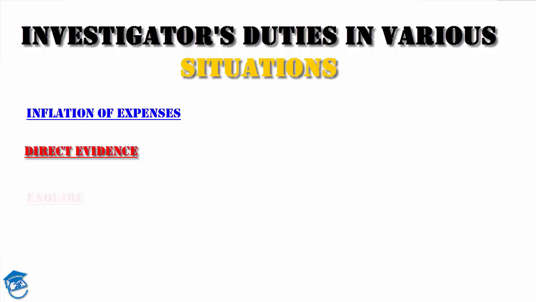Number 3 would be you need to inquire into any unauthenticated and abnormal increase in the salary of an employee. Supposedly, there is a person, Ram, who has been working at an employment salary of, let's say, 5 lakh rupees for a year.